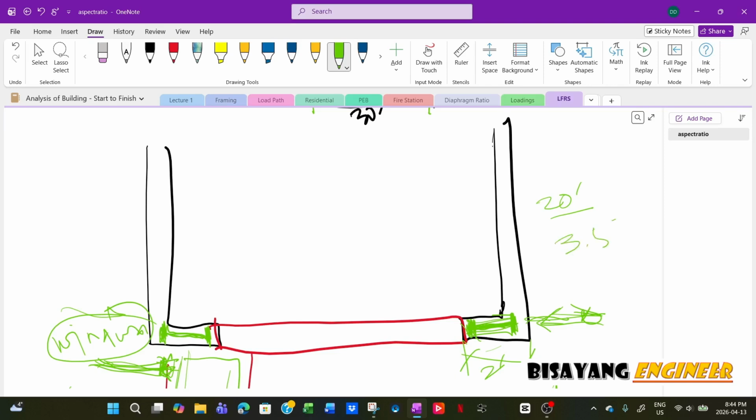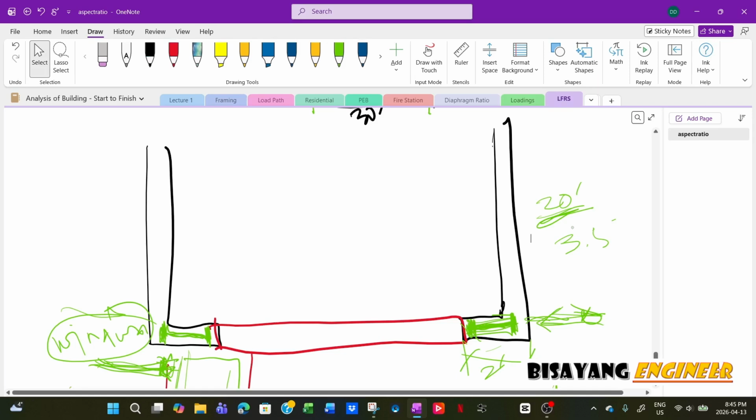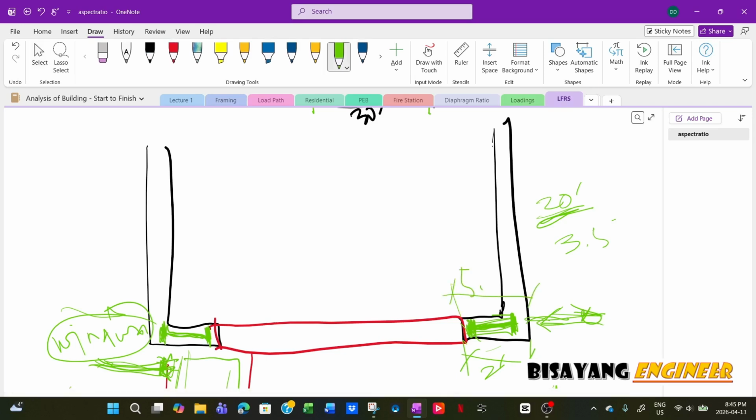Now, if you use 3.5, this one, 20 divided by 3.5, you need 5.7. So this one should be 5.7 something, so 5.8 feet, for it to meet the aspect ratio requirements before you can use that as a shear wall.